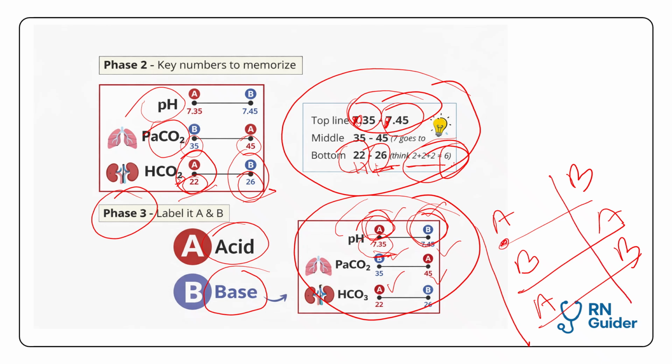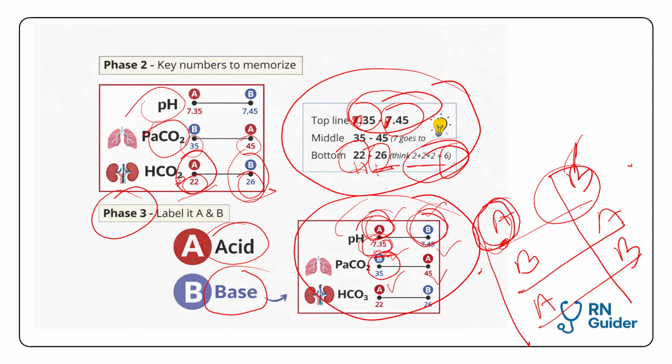If the pH value is below 7.35, then what will be the diagnosis? According to the chart, the diagnosis will be acidosis. If over, then the diagnosis will be base, that means alkalosis.